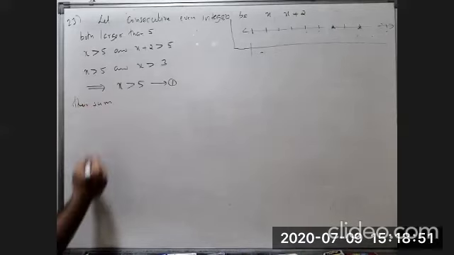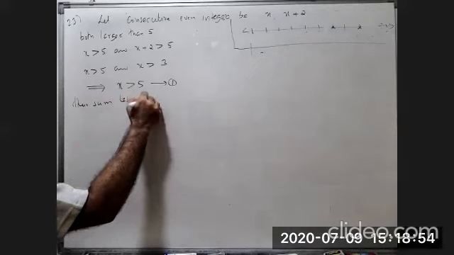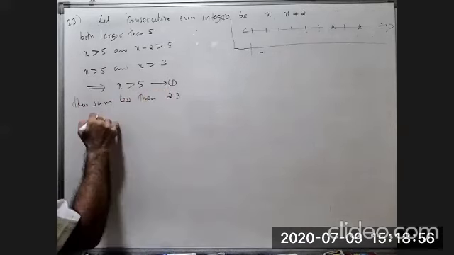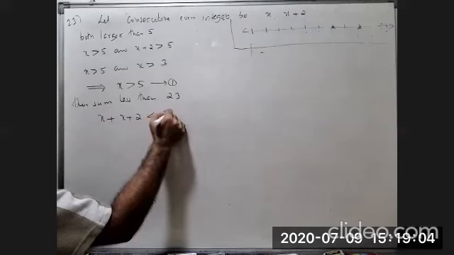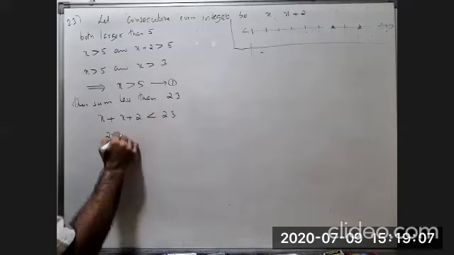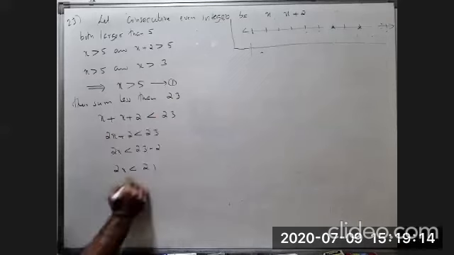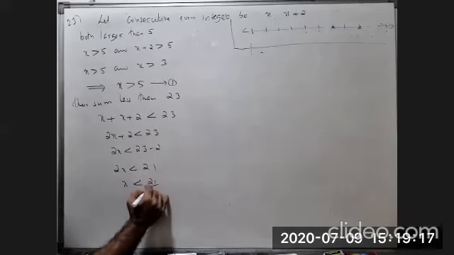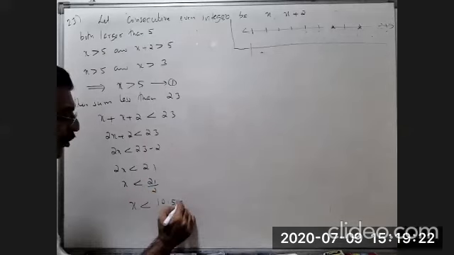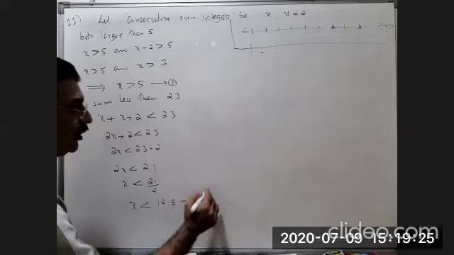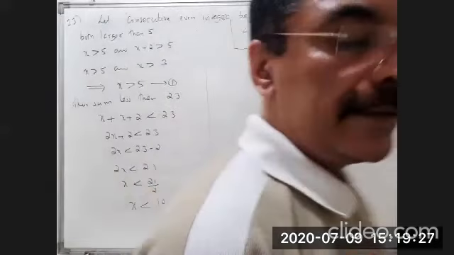Their sum less than 23 means x and x plus 2, these are the two numbers we took, that is less than 23. 2x plus 2 less than 23. 2x less than 23 minus 2. 2x less than 21. x less than 21 by 2. x less than 10.5. Equation number 2. x is less than 10.5.